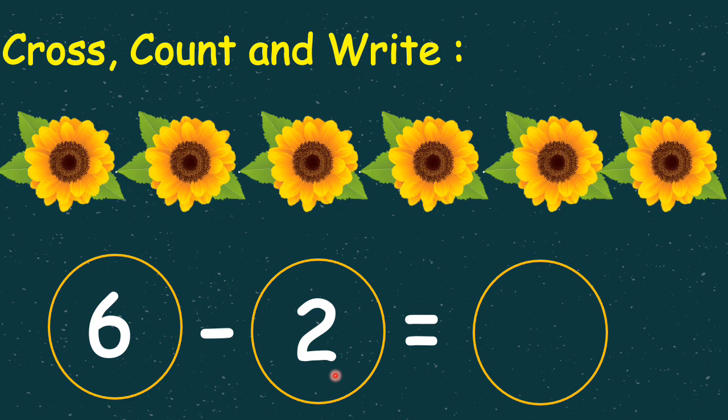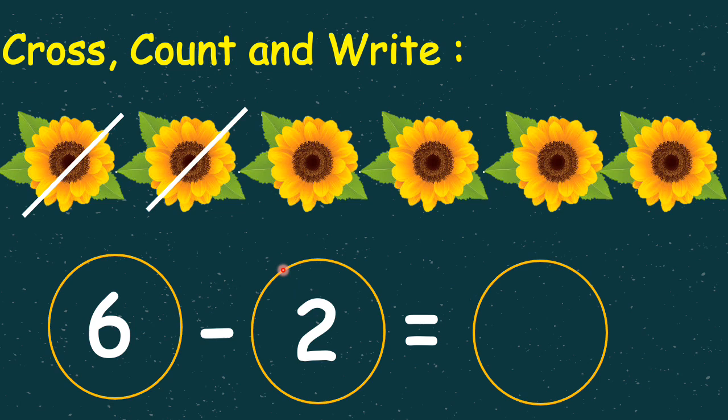So, shall we remove 2 flowers and then count the remaining flowers and write it in the circle? Okay, come on. So how many flowers need to be crossed? 1 and 2. Because number 2 is given in the second circle, you need to cut or cross 2 flowers.